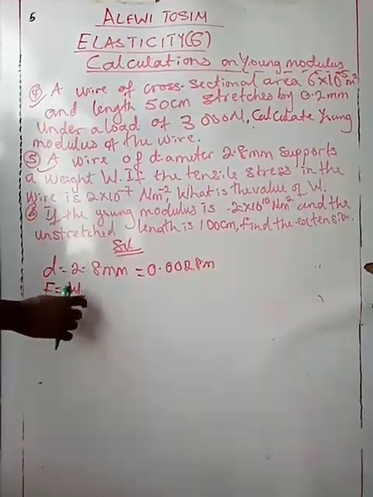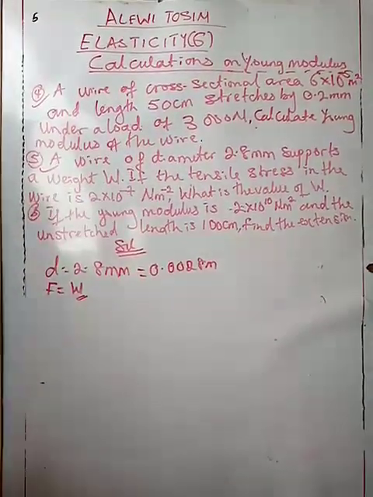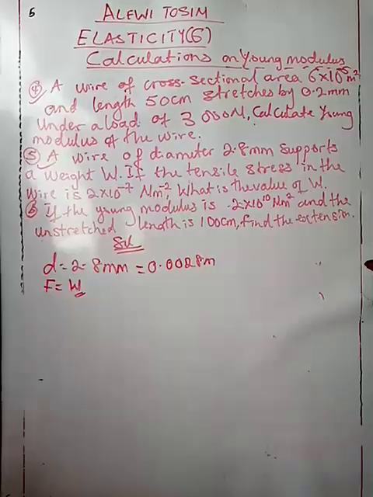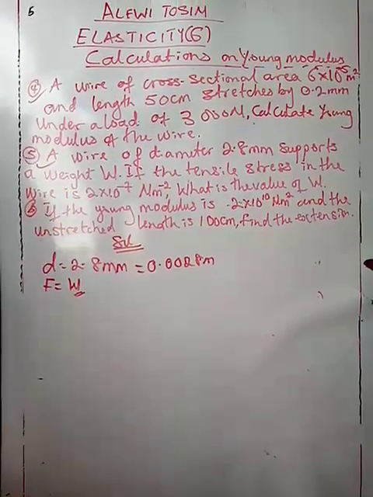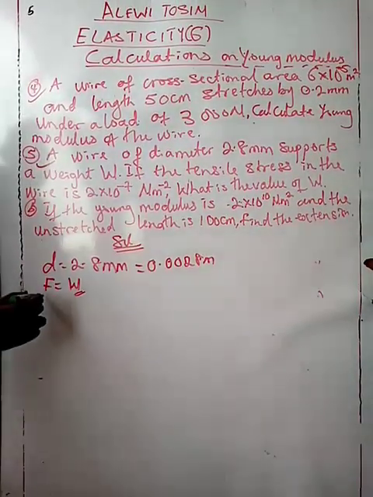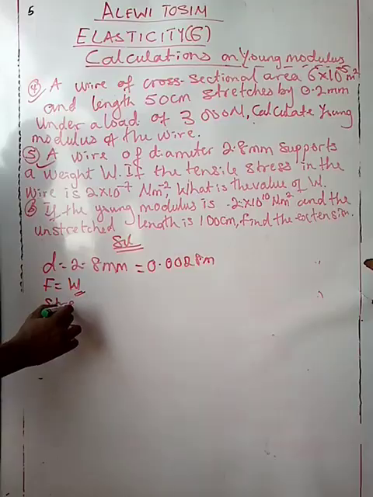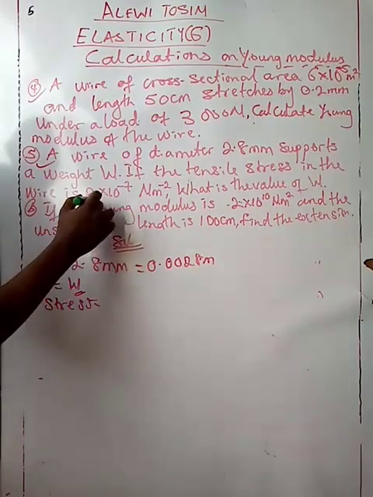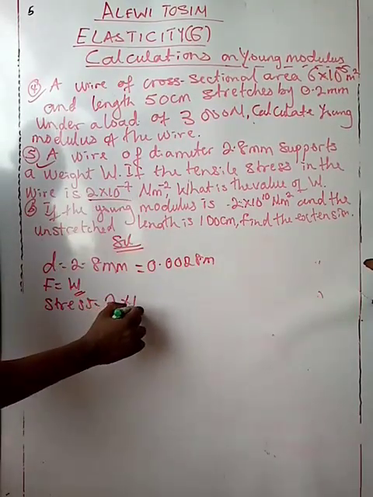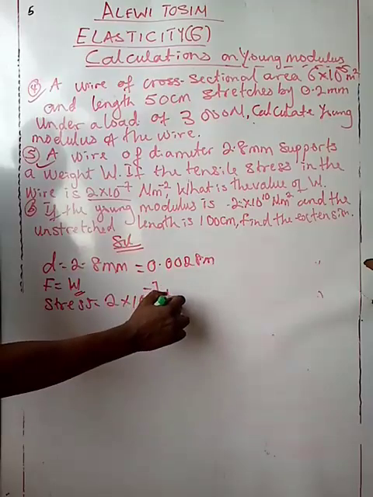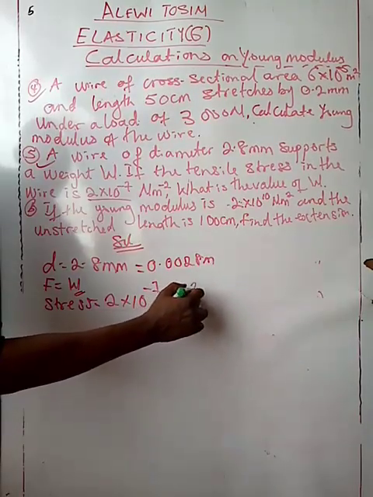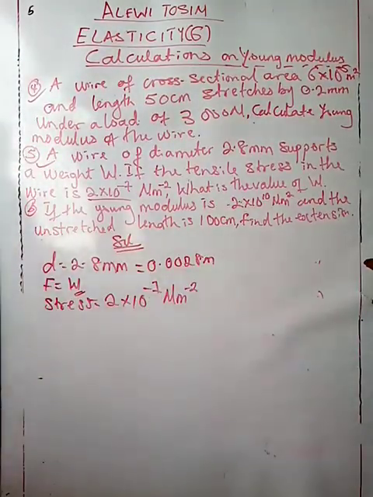Weight W. If the tensile stress in the wire is 2 times 10 raised to power minus 7 Newton per meter square.